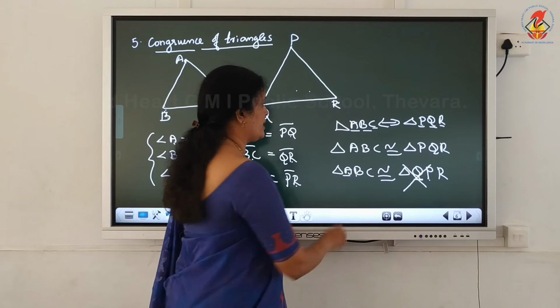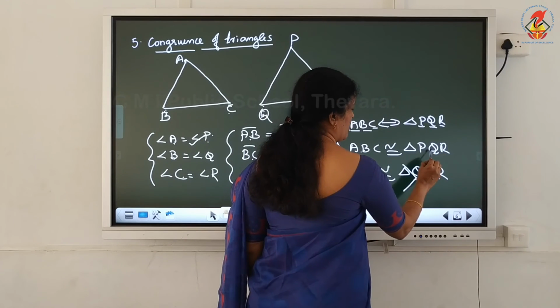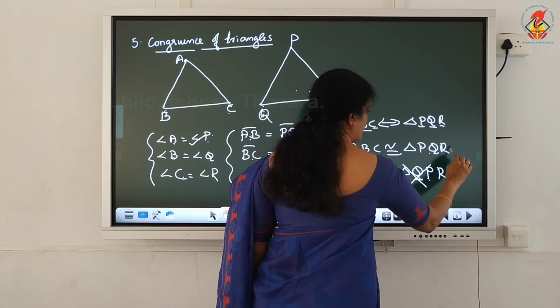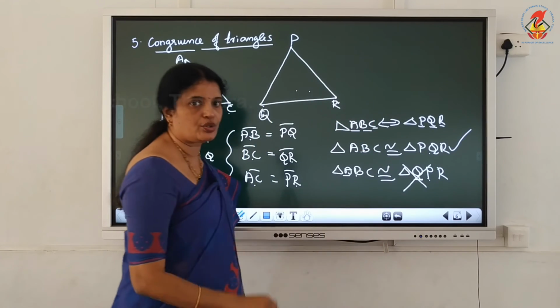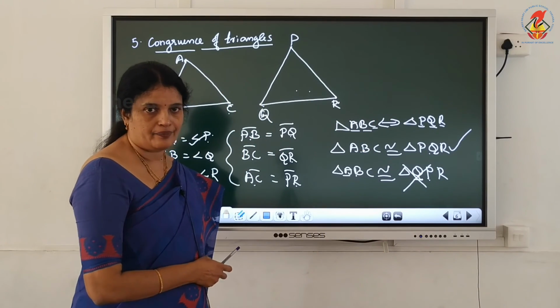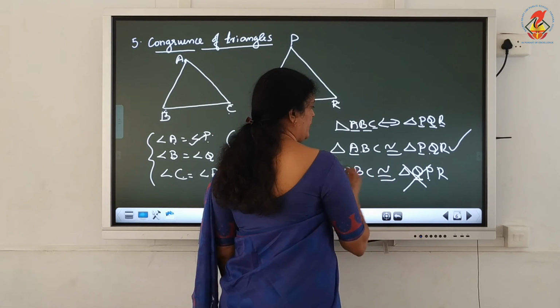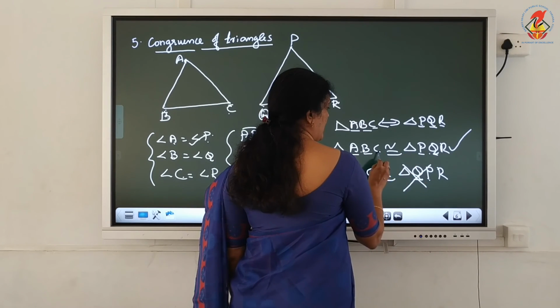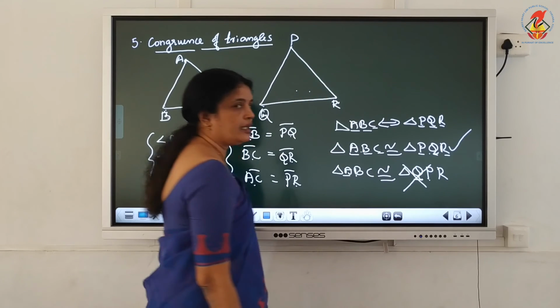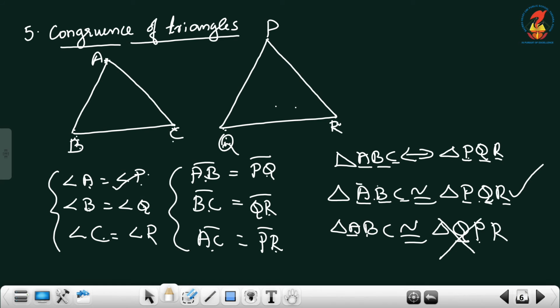You should write triangle ABC congruent to triangle PQR. This symbolic form is correct. You should write it in the same order: angle A equals angle P, angle B equals angle Q, angle C equals angle R. Sides also the same: AB equals PQ, BC equals QR, AC equals PR.